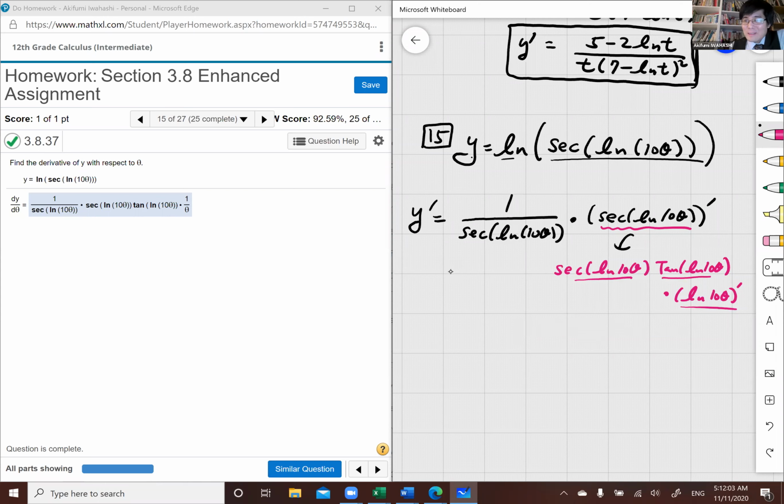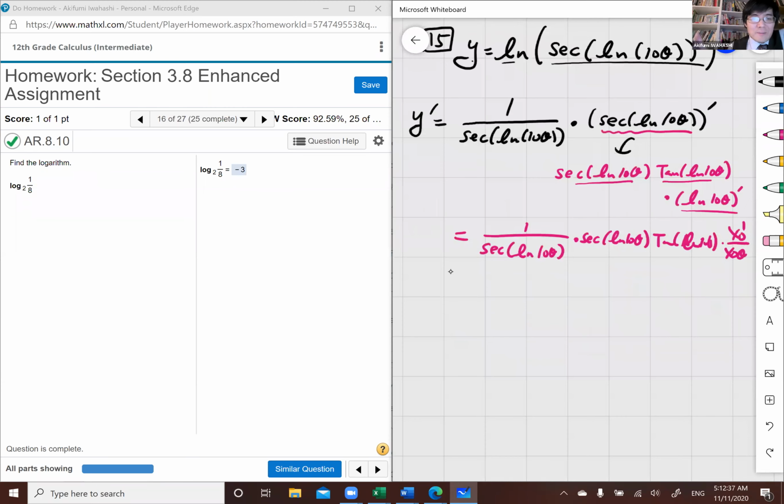One last thing is just the derivative of this part, which should be easy. So the final answer will be 1 over this junk times secant something, tangent something, times the derivative of this one, which is 10 over 10 theta, which can be reduced to 1 over theta. So it looks complicated, but it's basically using the chain rule several times.